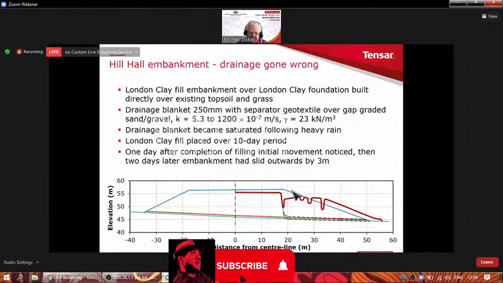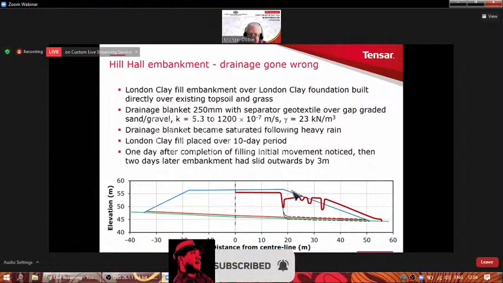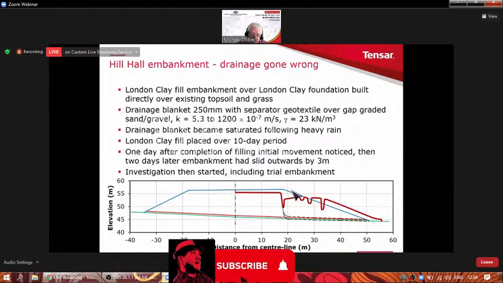It was noticed straight away, but just after 2 or so days after the first cracks appeared, the toe had moved out by about 3 meters. And because this was a rather serious situation, which no one really expected, a significant investigation was carried out, which included building a small trial embankment, which we'll look at in a minute.